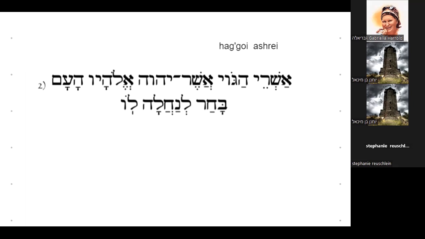Then we have another hyphenated word here. We have Asher again. Aleph, pointed chatef patach, shin, pointed segol, with a resh. Asher.